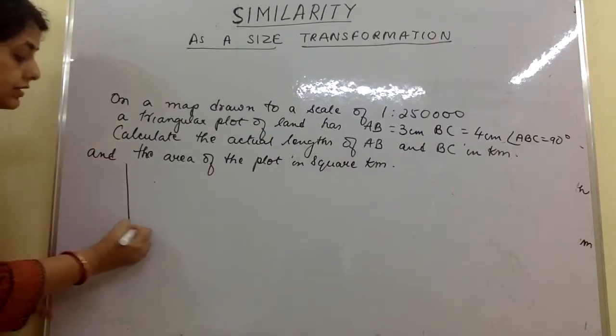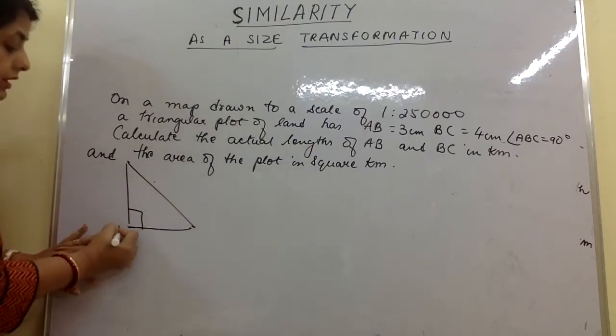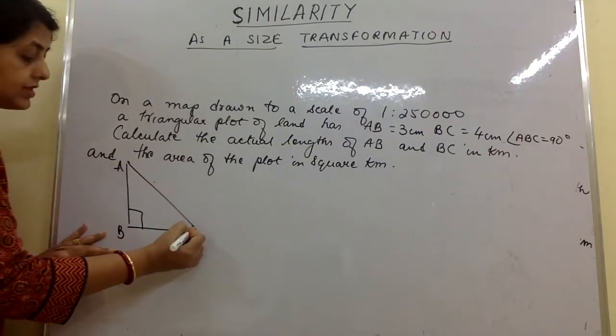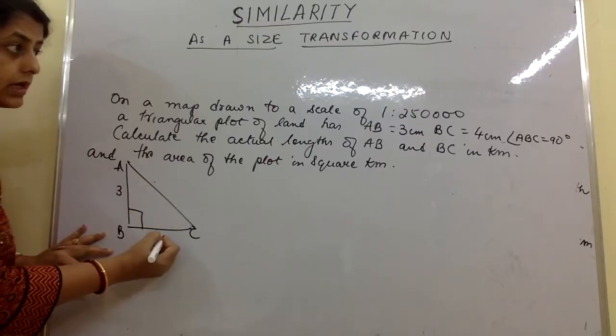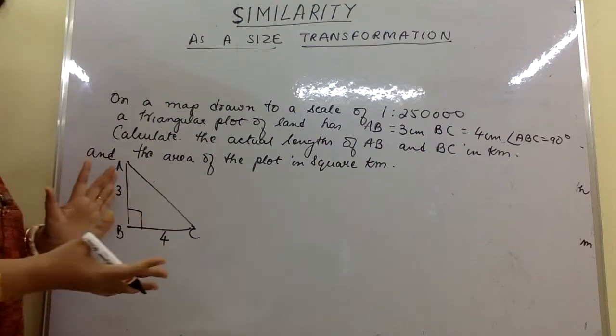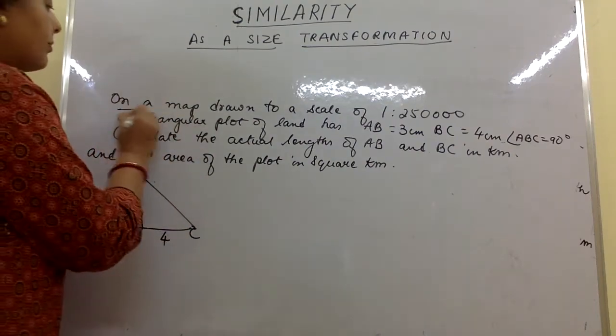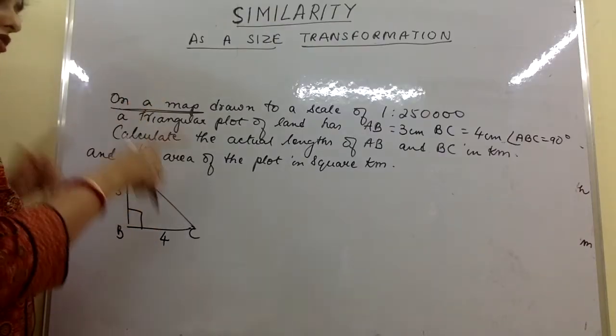Now we need to understand the question here. This is right angled at B. Angle ABC is 90 degree, and AB is 3 centimeter and BC is 4. Now here we need to understand all these centimeter measurements are there on a map. Now they are saying in the actual plot.